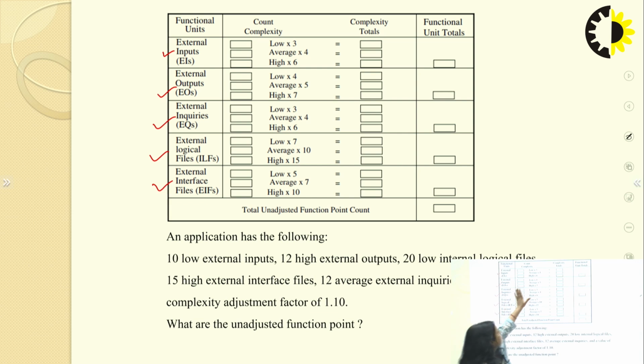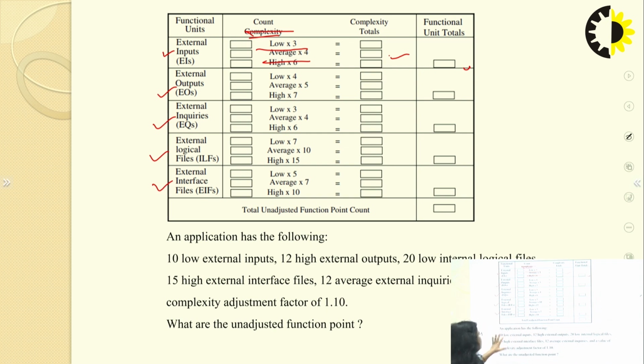After that, in the second column, we write the count complexity. Next, with the help of the weighting factor assigned, we calculate the complexity totals, and next the functional unit totals.